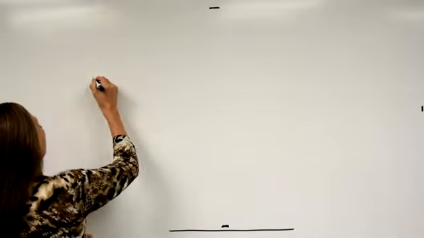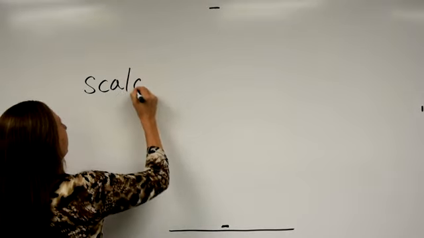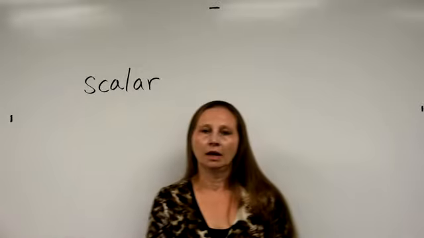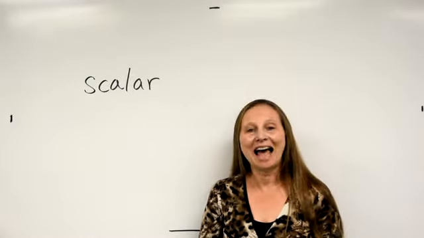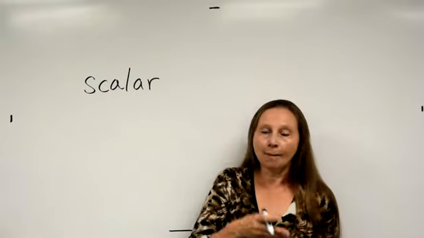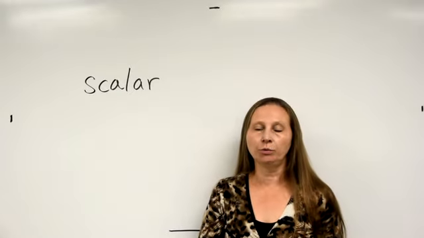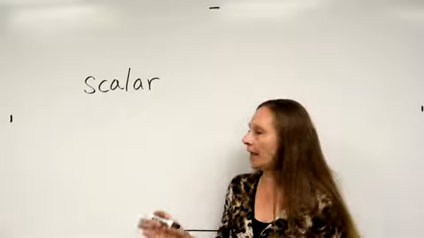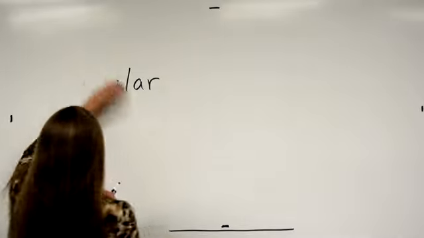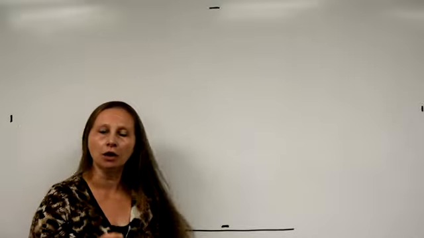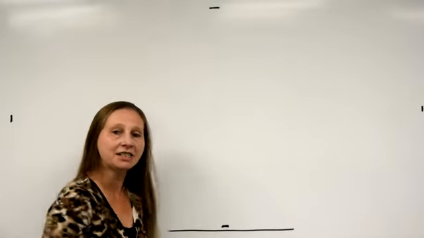Now, the word scalar. A scalar is a physical quantity that has only a magnitude, usually with a unit. A scalar has only a magnitude. So an example of a scalar quantity would be distance.